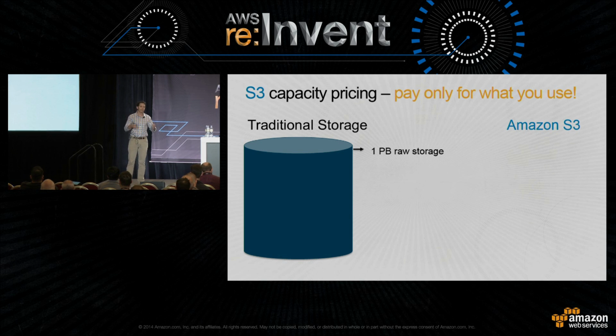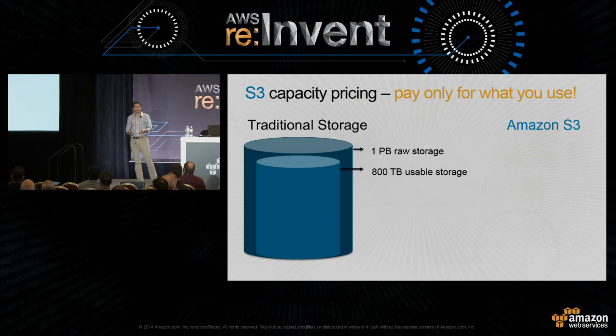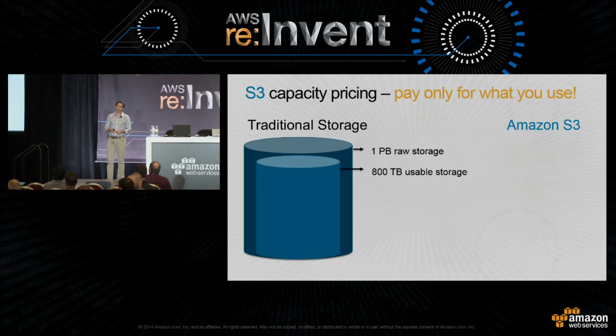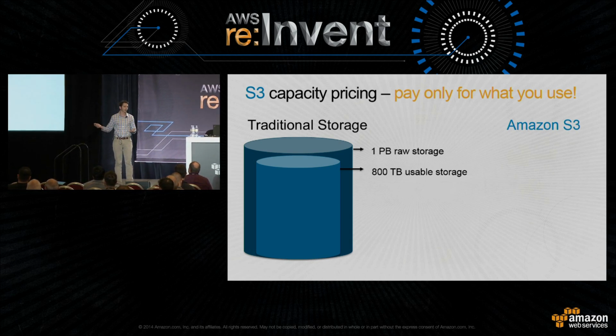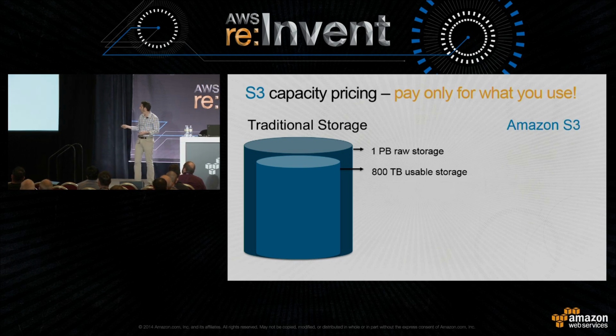The product of that is the overall raw capacity of the storage. Unfortunately, you can't really use all that capacity. You need to first of all apply some measure of data protection, such as RAID or erasure coding or something like that, and that takes some overhead. In my conservative example, it's 20% and I'm left with 800 terabytes.